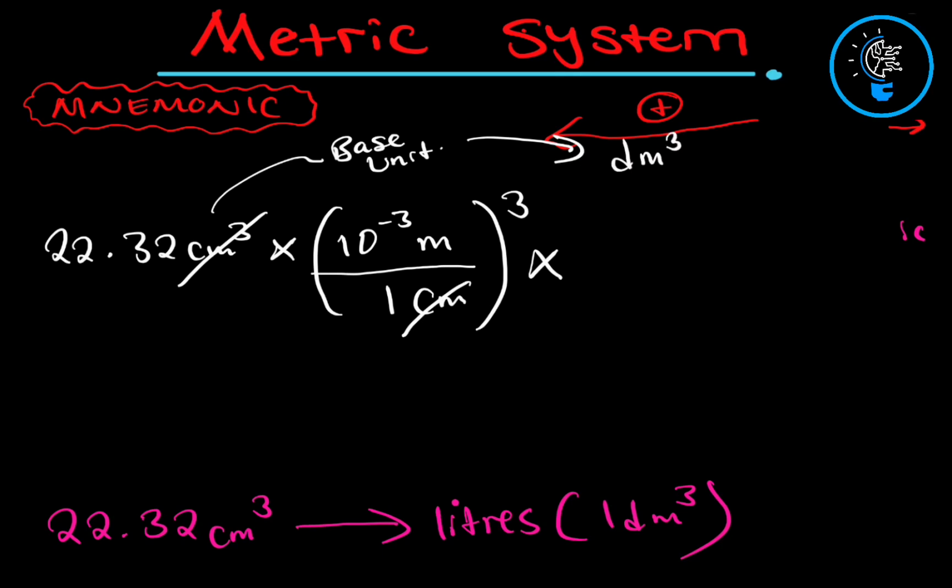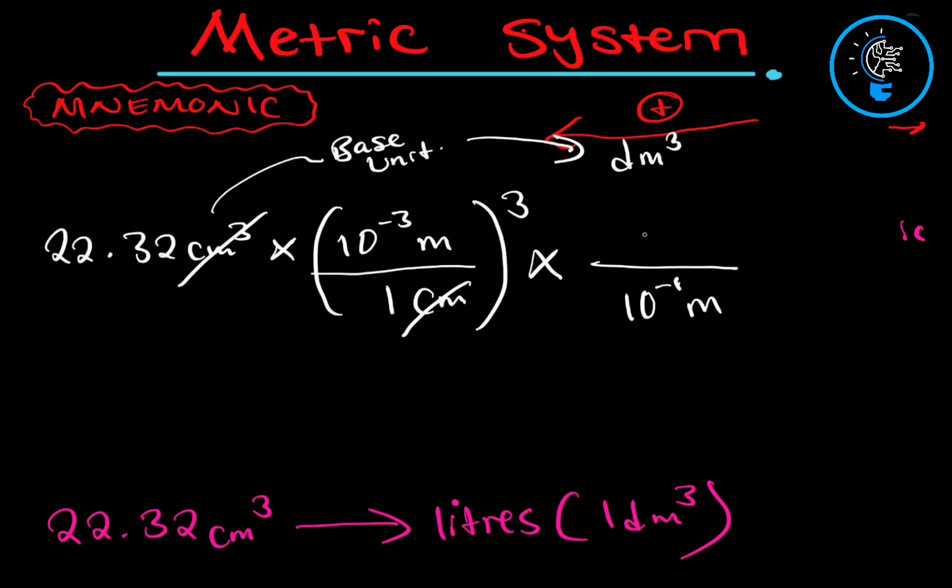to decimeter cubed. To do that, we're going to put our meters at the bottom, and we know that this has 10 to the power negative 1. Yeah, so it's 10 to the power negative 1. Let me write it this way.